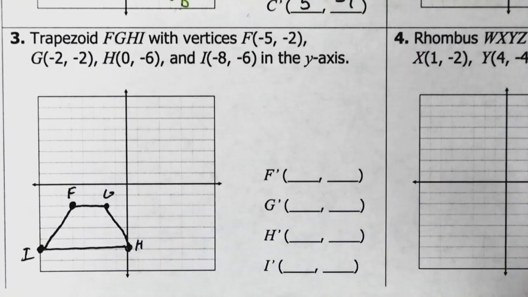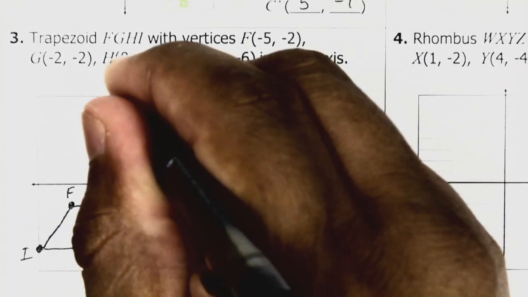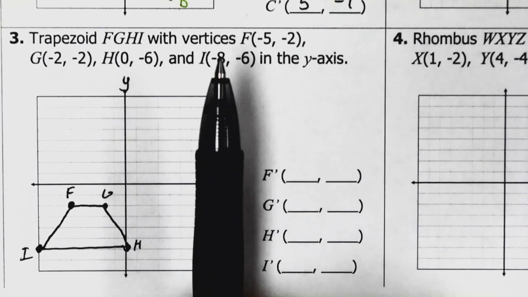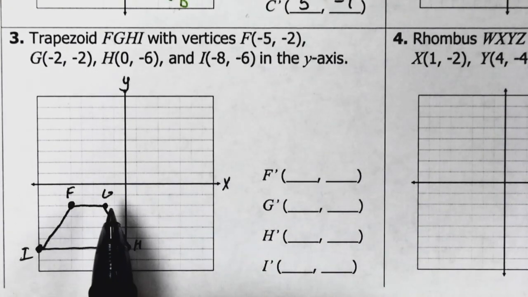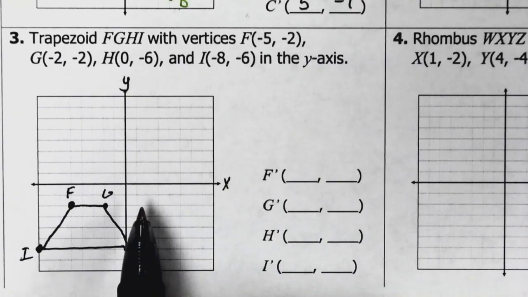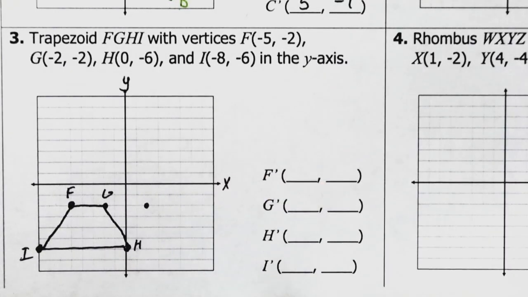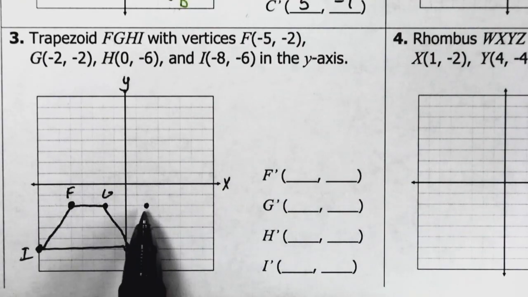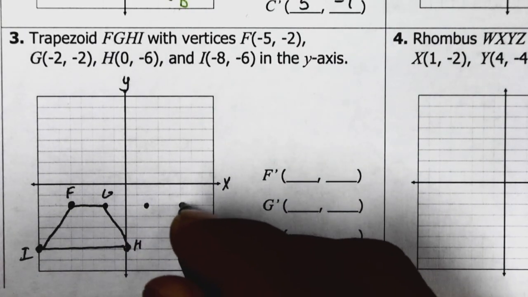All right, so reflecting over the y-axis, we're going to be flipping to this side over here. So count how far each one is. G is 2, so the new G is right there, G prime. F is at 5, so 5 over here: 1, 2, 3, 4, 5.